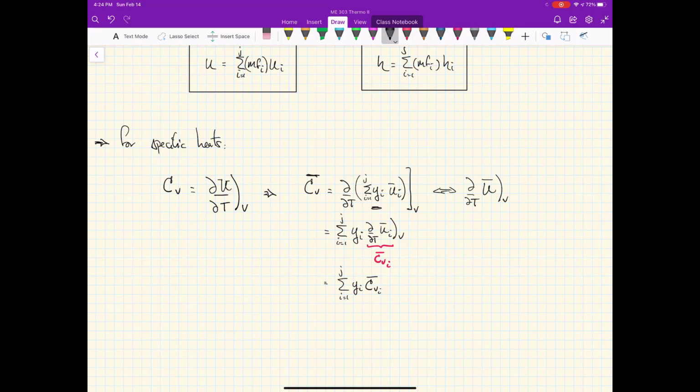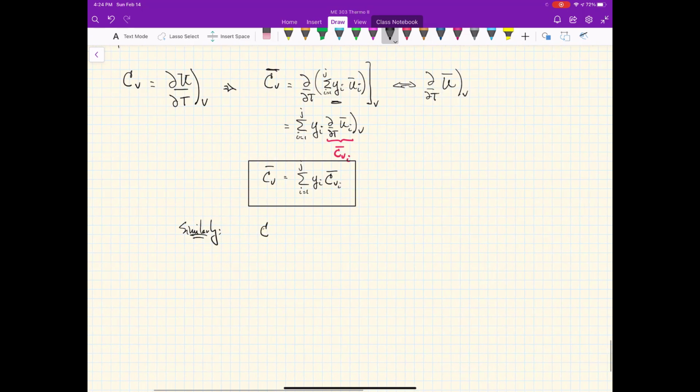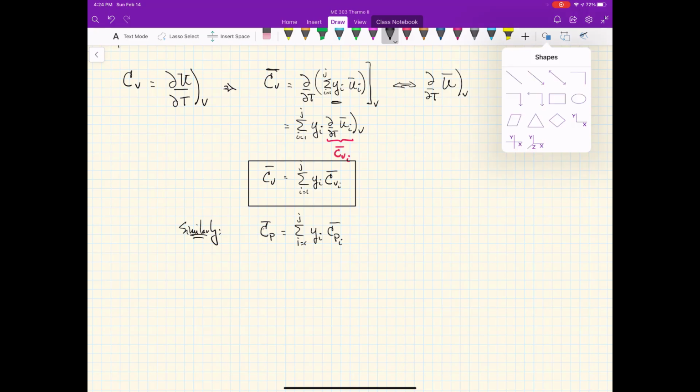Quite a nice result. So really, for a mixture of ideal gases, everything simplifies quite nicely. And similarly, without going through the same derivation, you can readily see that the specific heat on a molar basis at constant pressure for the mixture of ideal gases is simply going to be the summation over each of the individual ideal gas components times their mole fraction within the mixture times the molar specific heat at constant pressure for each of the individual constituents.